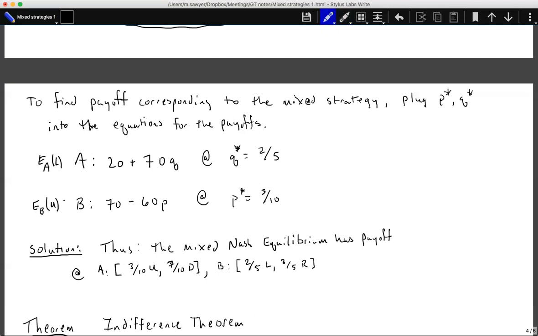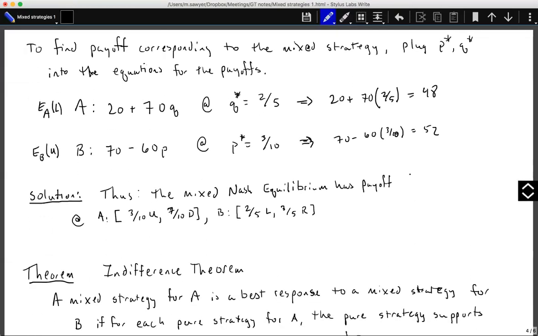And you substitute in that Q value. And so what you get is that 20 plus 70 times 2/5, that special point, is equal to 48. And the expected value for B would be 70 minus 60 times 3/10, which would be 52.